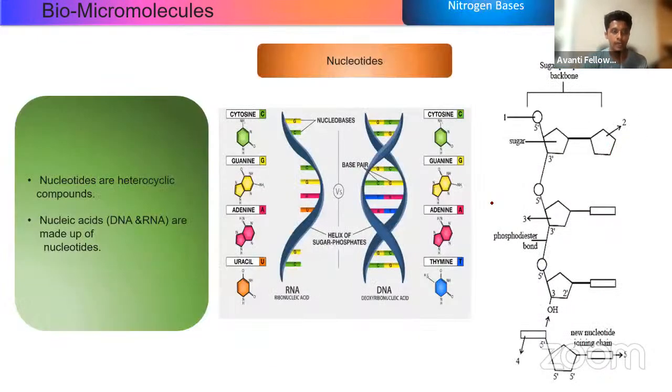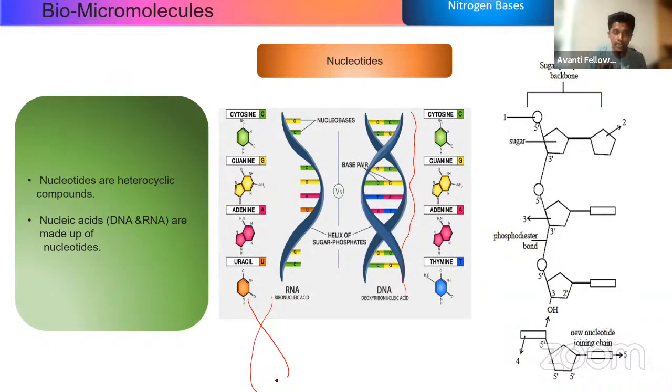When you have nucleotides, several nucleotides combine together to form DNA. So let us understand how these nucleotides help in the formation of the DNA structure. You know what DNA is. Whenever you write a structure of DNA, you usually write it like this, the crossed helical structure.